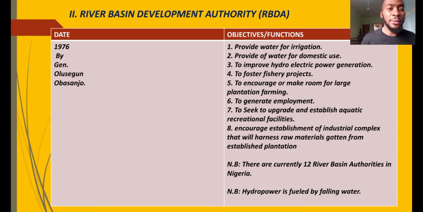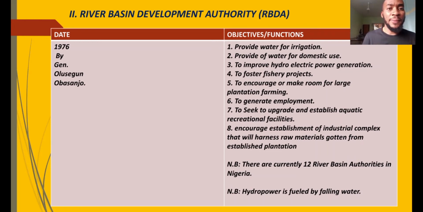Number 3, to improve hydroelectric power generation. Hydropower is fueled by falling water. When water is falling from up down, it helps the hydroelectric power plant to generate electricity.